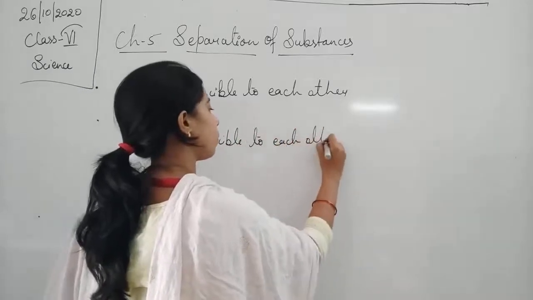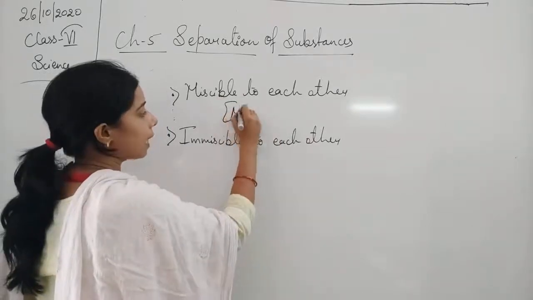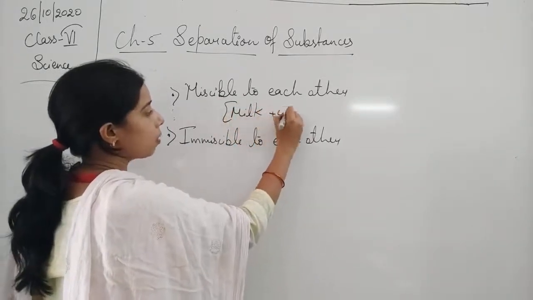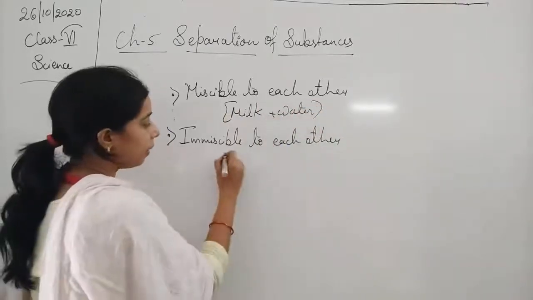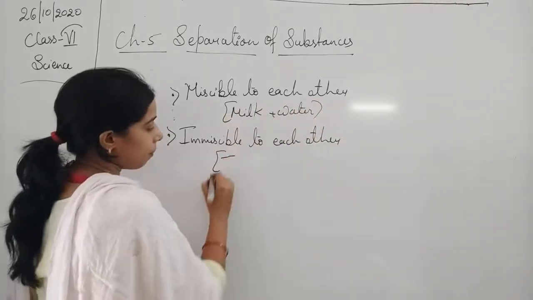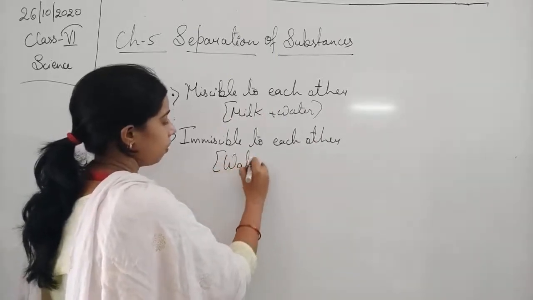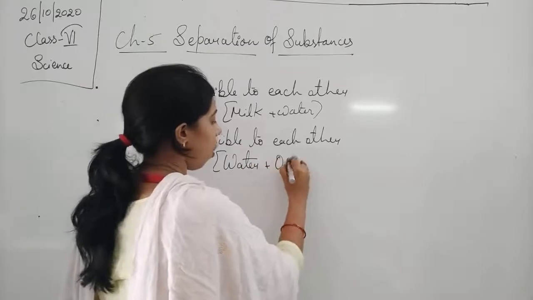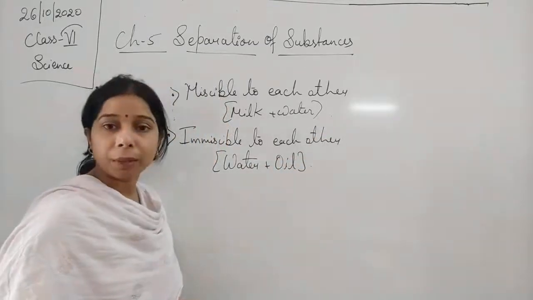Miscible to each other means they get mixed with each other, for example milk plus water or juice plus water. Immiscible, for example, water plus oil.